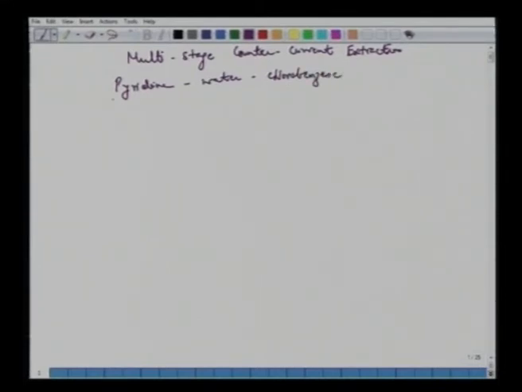So let's draw a couple of stages here, 1, 2, and we say the last stage is NP. Then we have this feed F. This extracts from E1. Then we have this R1. Then this is E2.